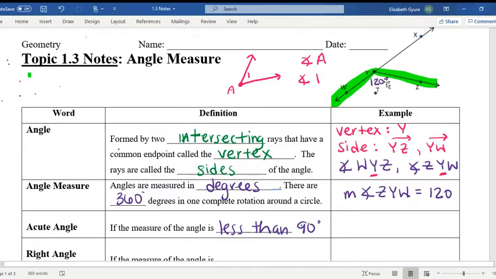If this angle is 120 degrees, then I'm going to say that this angle next to it is 60 degrees. Well, that would be an acute angle because it's less than 90. Our example here is the measure of angle XYZ, what we would call that one, is 60.